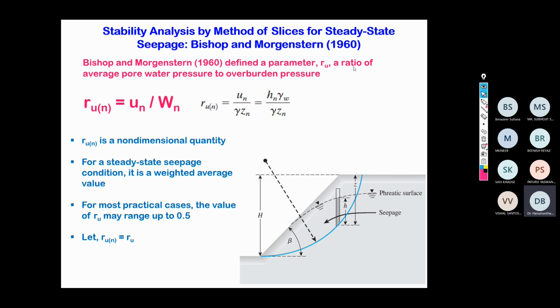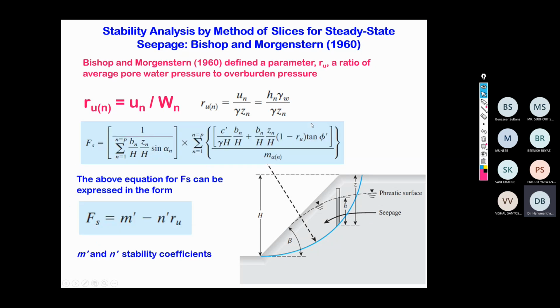It is defined as the ratio of average pore water pressure divided by overburden pressure. So Ru is equal to Un by Wn. This is the equation.